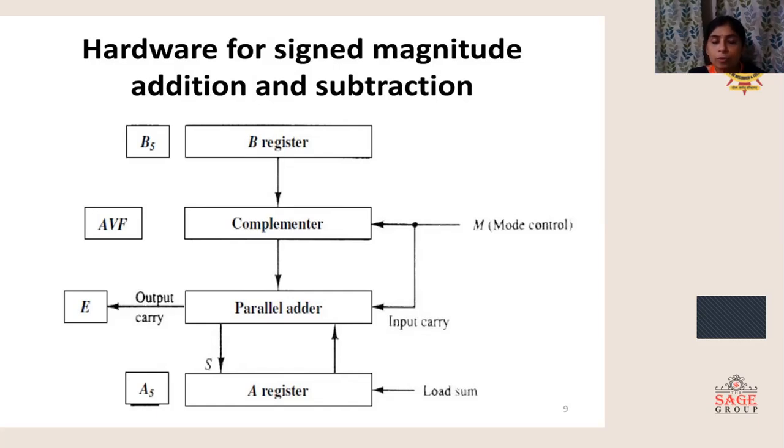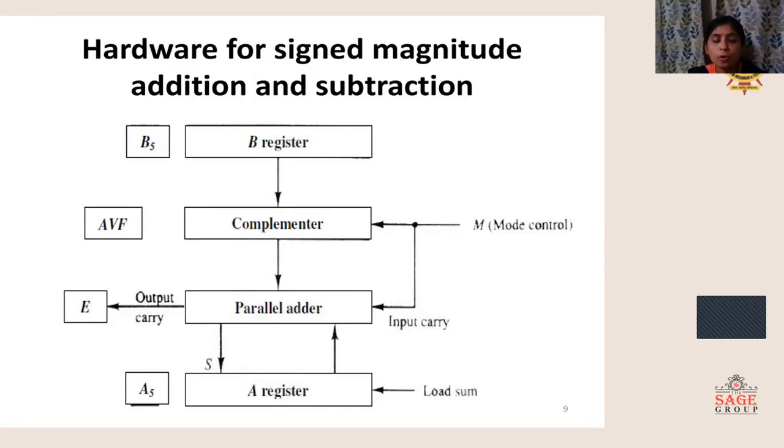Adder is required for addition operation. Instead of using a subtractor, we will use a complementer. If we have to perform A minus B operation, then instead of a subtractor we will do A plus B's one's complement plus 1. Here complementer is used.